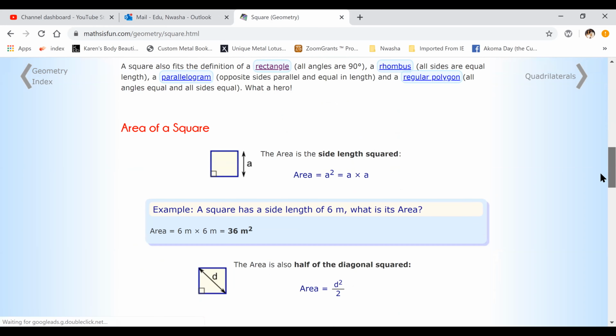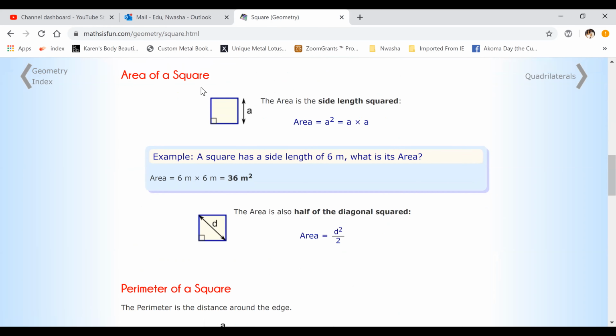So now when you come down to look at the 2 formulas, the area of a square is normally just, it's spoken about differently because every side is the same. But it's basically the same as the rectangle. The reason why the formula looks different is because the side is the same. So the area of a square is the side squared, because instead of saying width times height, these numbers are exactly the same.